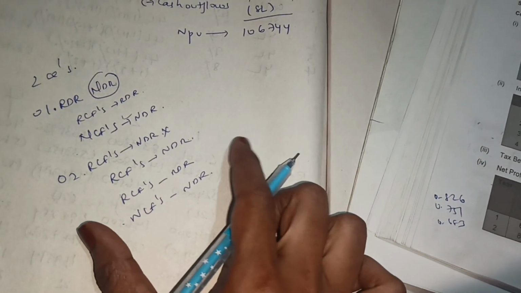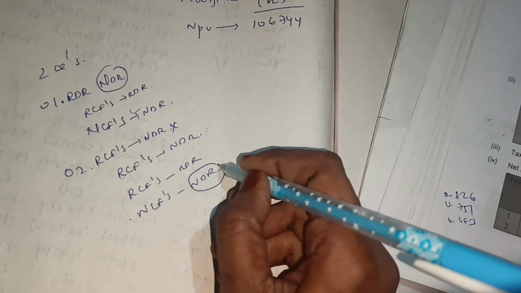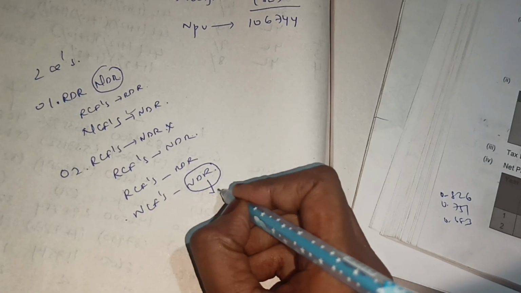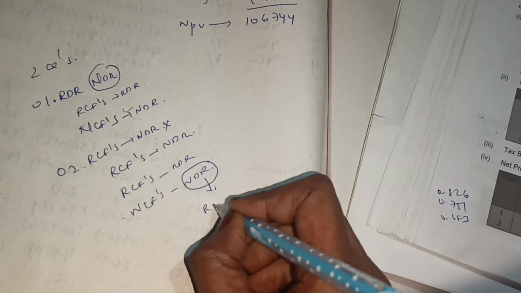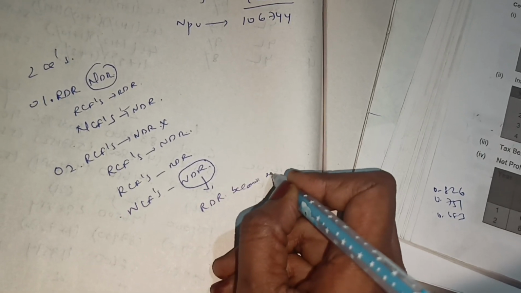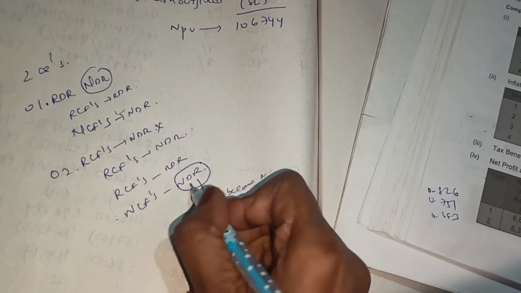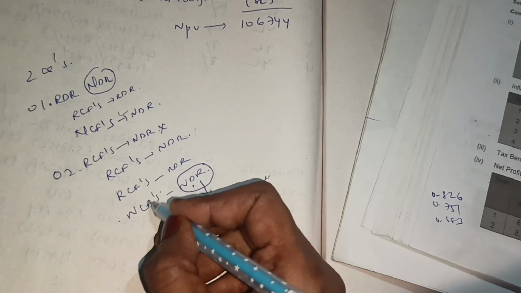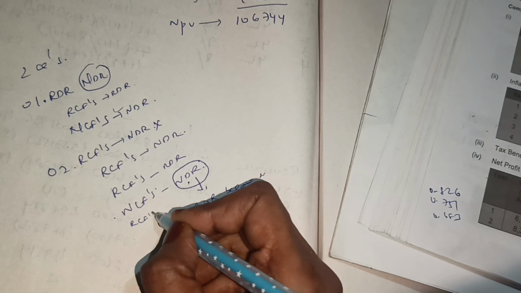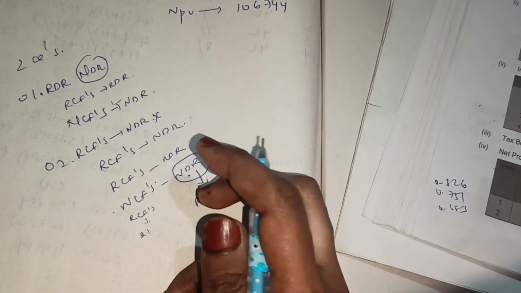This I have already told you in yesterday's video. Since they gave you nominal discounting rate and you cannot convert it into real discounting rate because inflation is not given, you are using nominal discounting rate and converting real cash flows into nominal cash flows with the help of inflation.